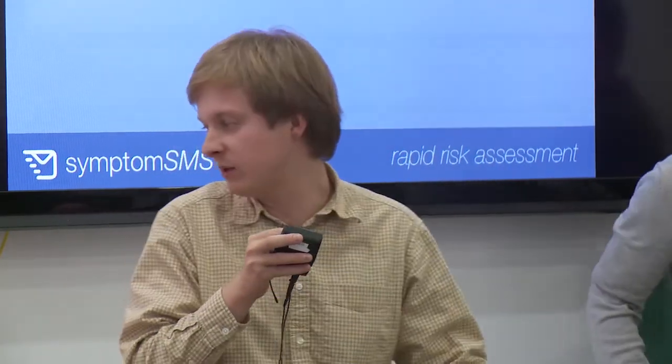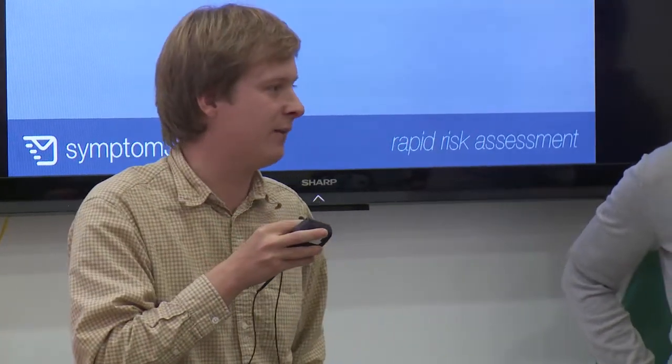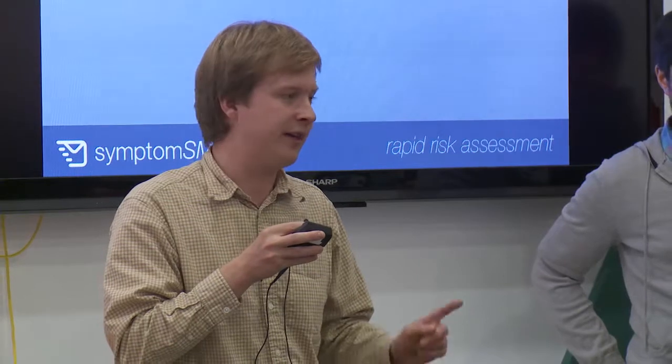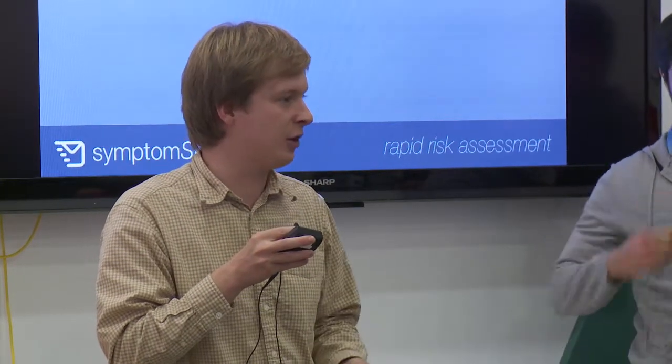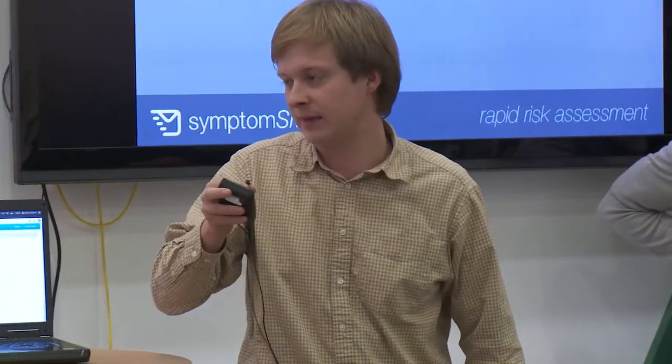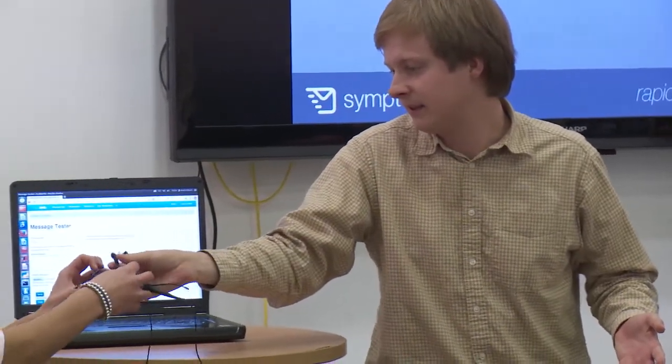In order to do this, we've used the platform RapidSMS, which was developed by UNICEF around 2007-2008, which is a free open source add-on to Django, which is part of the Python programming language. So we're now going to demonstrate how we use our message interface.